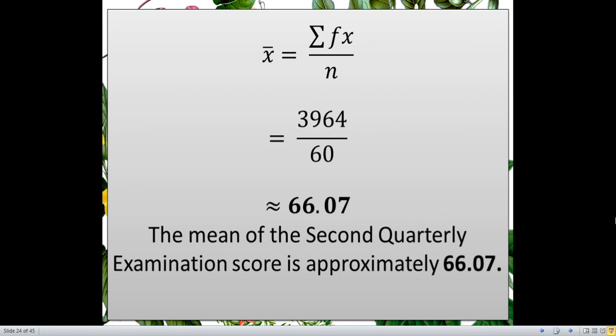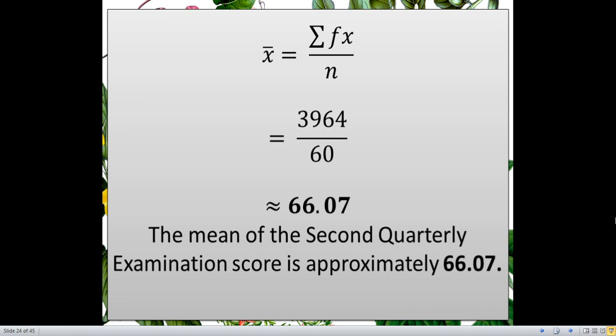So here is the computation for the mean. What we did a while ago was to complete the table, and this is what we really need, because we need the summation of fx. So mean equals summation of fx all over n. Our summation of fx on the table is 3,964 and our n is 60.